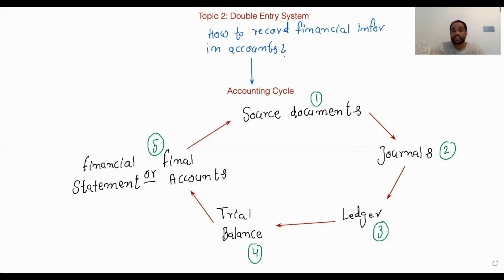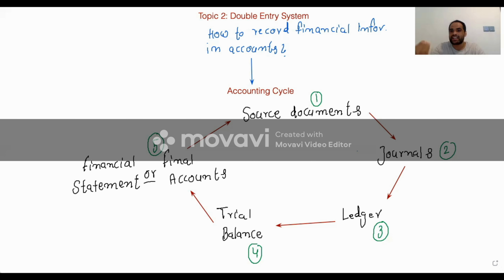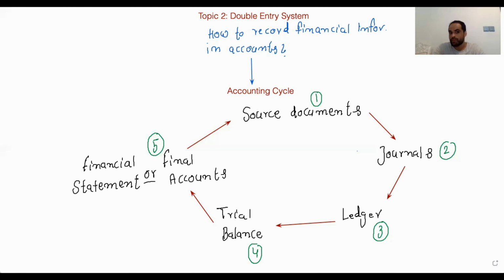For example, the company purchases assets, any kind of assets. So the asset purchase is your source document. Then you record this purchase in your accounts through journals, ledger, trial balance, and finally in the final accounts.